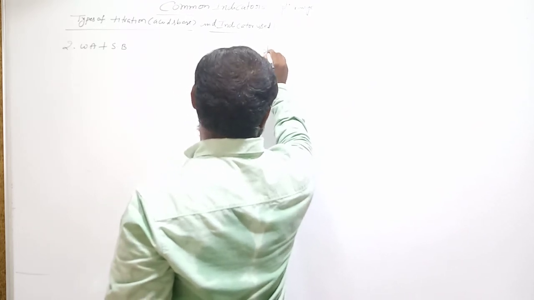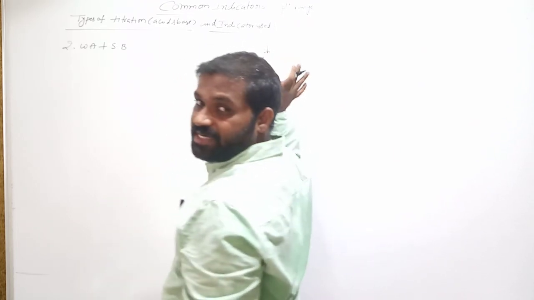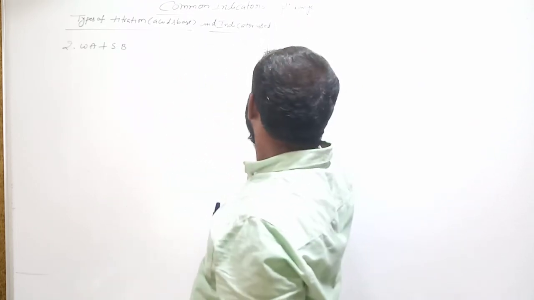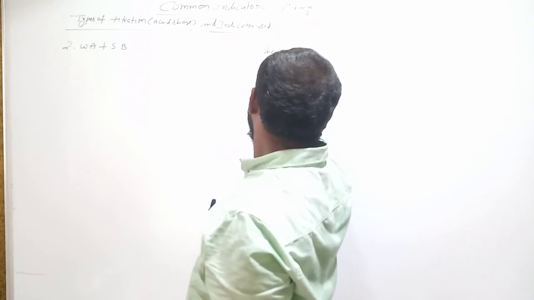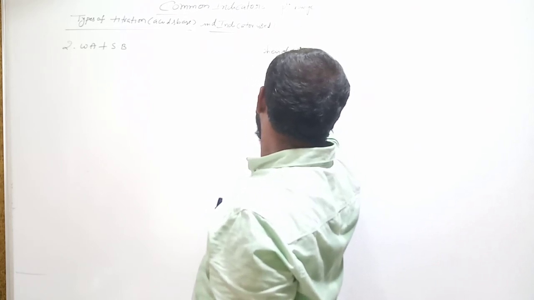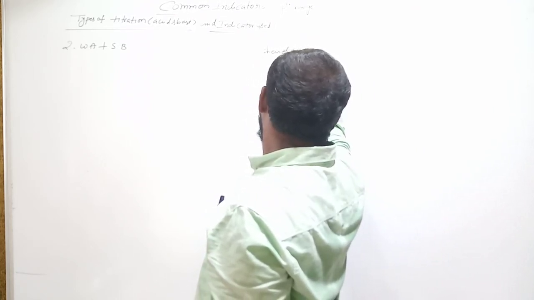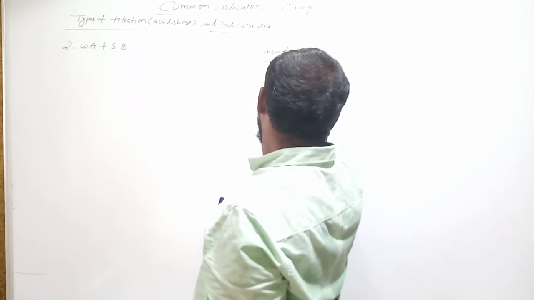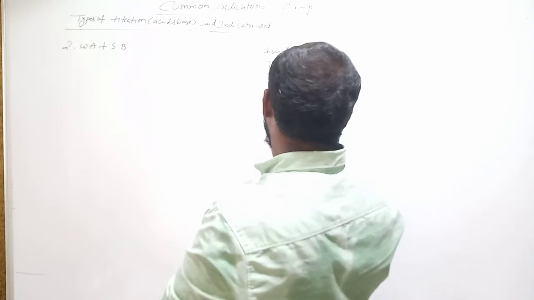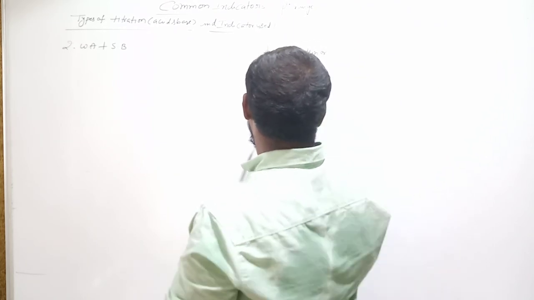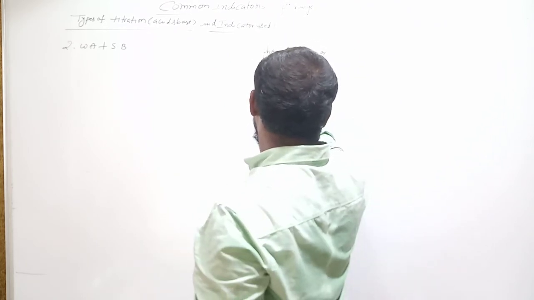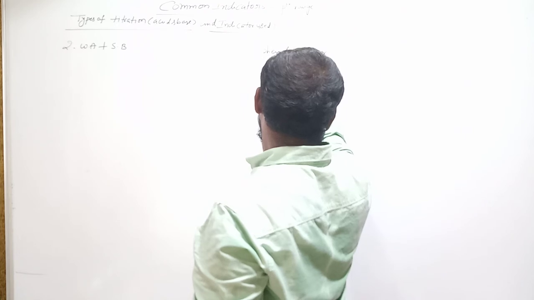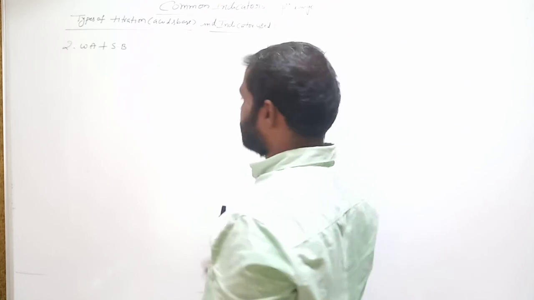Phenolphthalein, which we can also write as pH, or thymolphthalein. Any one of the indicators we prefer.